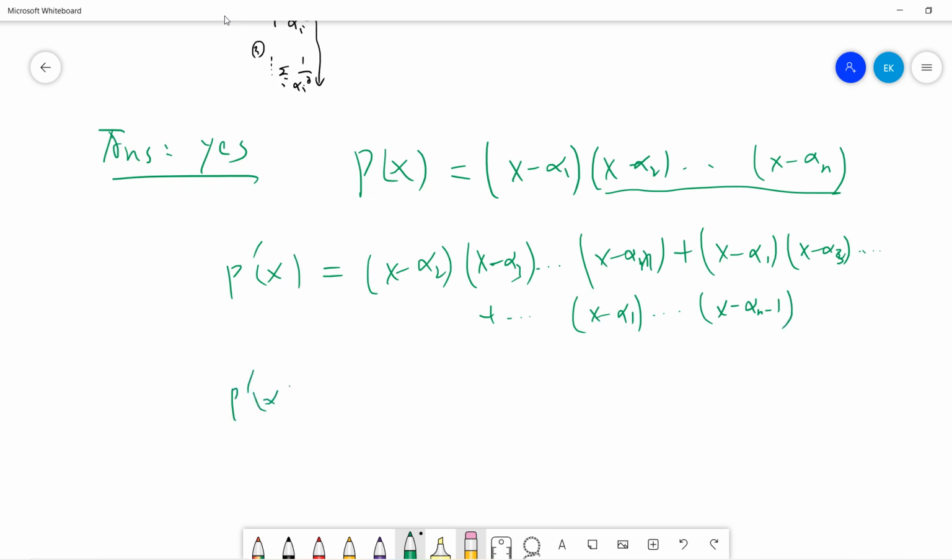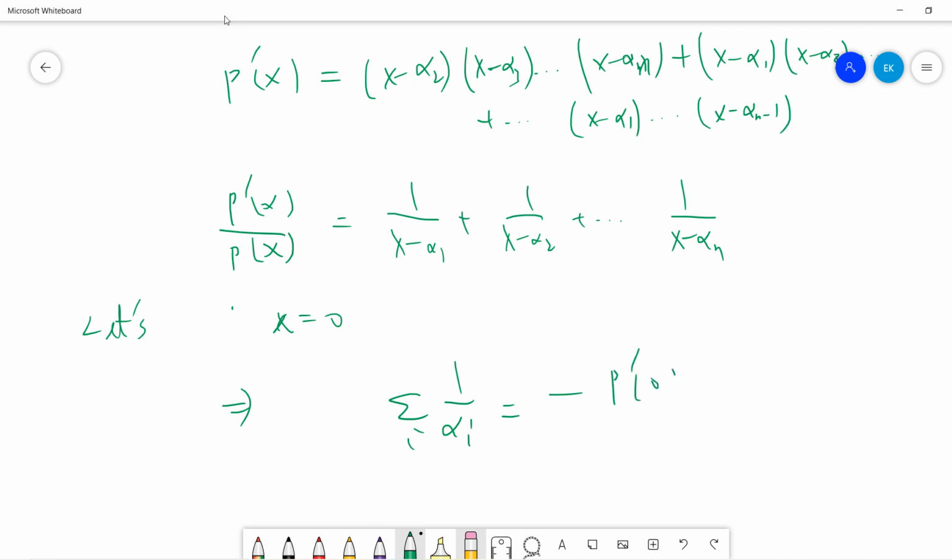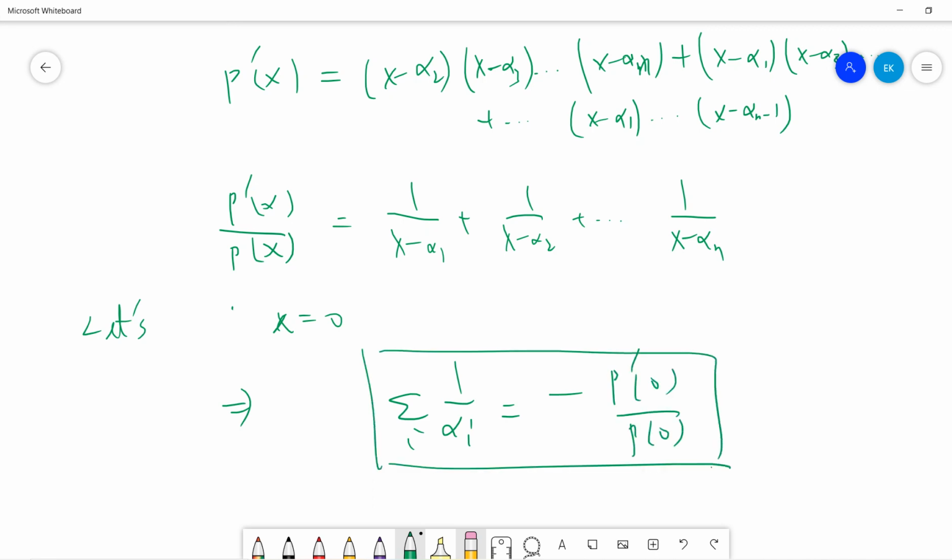So that's p prime of x divided by p of x. Then we will get this, right? Nice. Now you see a trick: set x equals 0. Then we get the sum of the inverse of the roots is just this. So this is our answer.